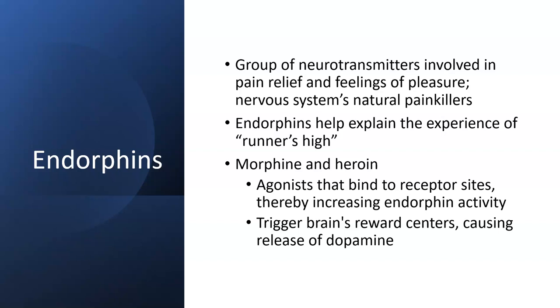The reason why these drugs tend to produce a sense of euphoria and intense pleasure is that they trigger what are called the reward centers in the brain. And those reward centers then simultaneously cause a big release of dopamine.